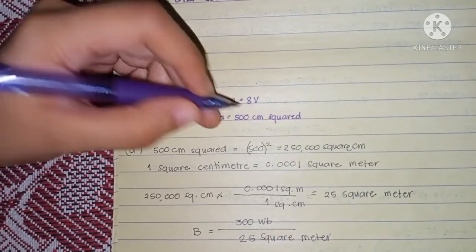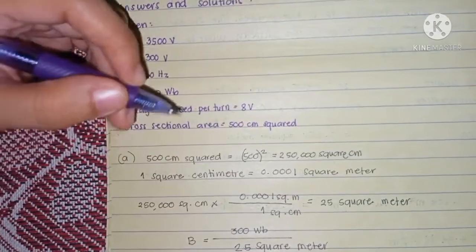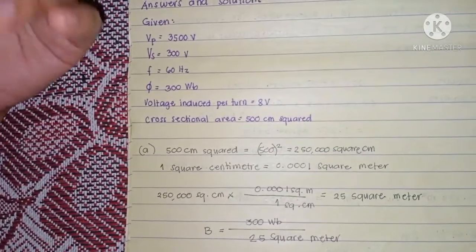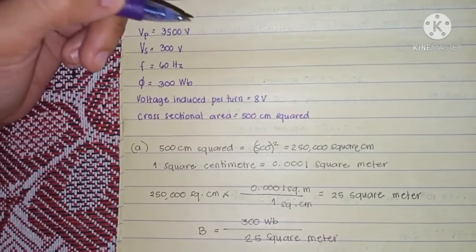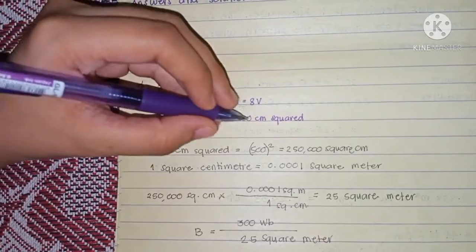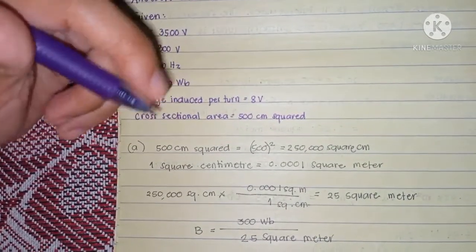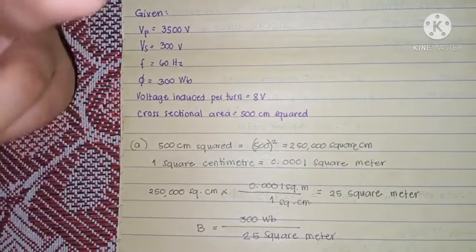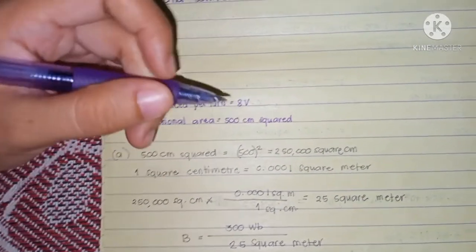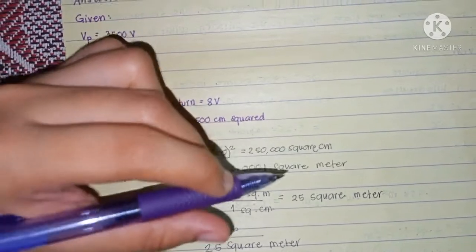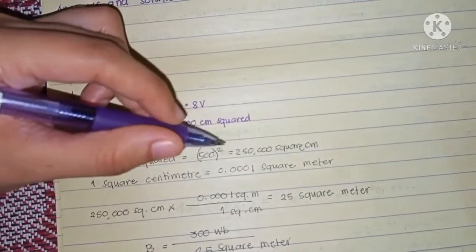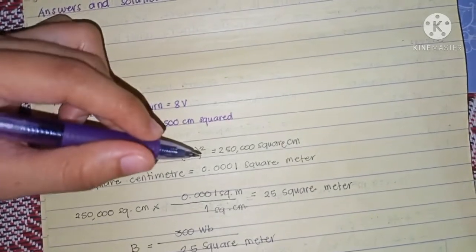Before we can obtain the area, we have to raise 500 to the square. So we have 500 squared, which is 250,000 square centimeters. In that case, it will be an area.